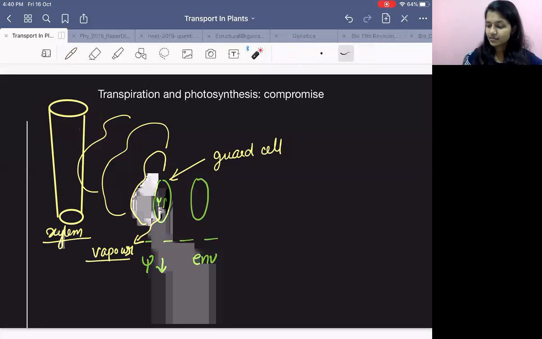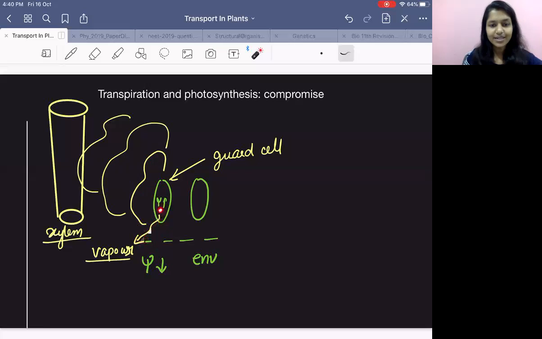See, it gave water to the environment when it was extremely hot. Now it continuously wants water, no? Only when the guard cell has water can it give water to the environment, right? The moment it gives water to the environment, there is a scarcity of water in the guard cell. It will take water from the subsidiary cells. The subsidiary cells will take water from the surrounding cells.